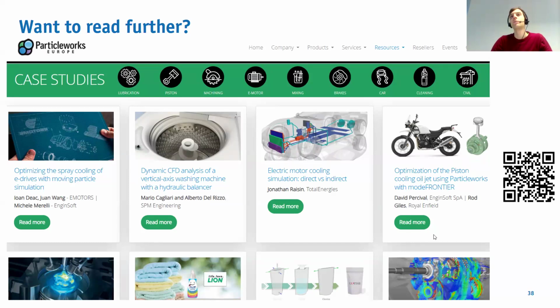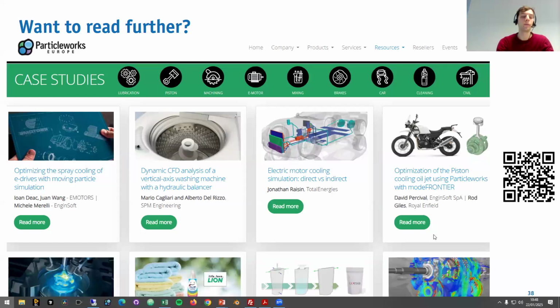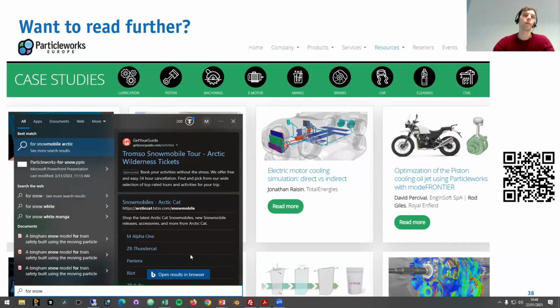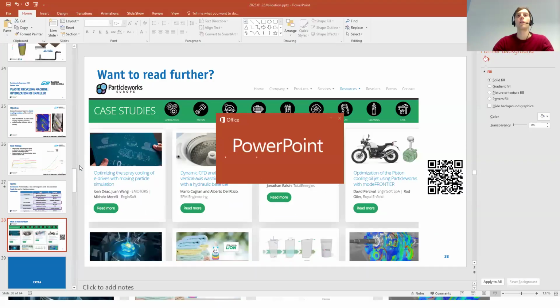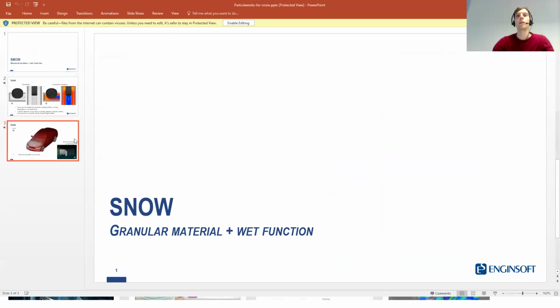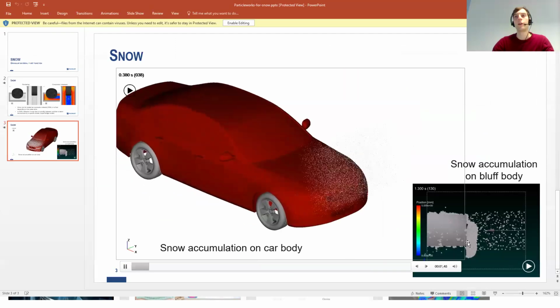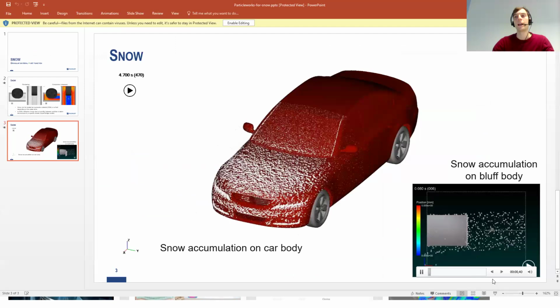There are also predefined non-Newtonian laws. Just to give you an overview, we can model snow on a car, and this is a predefined model that comes with Particleworks.